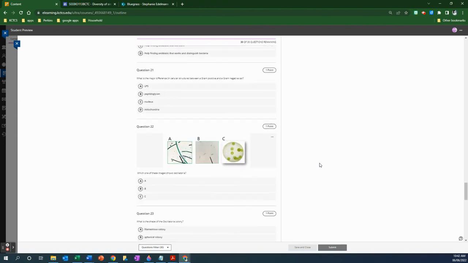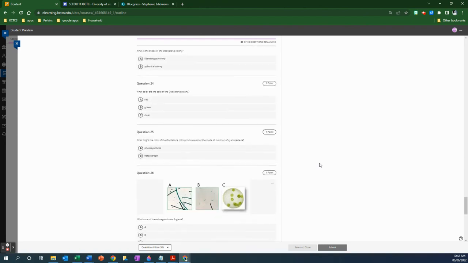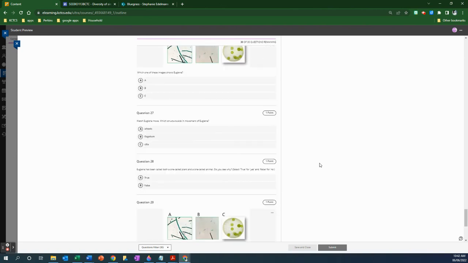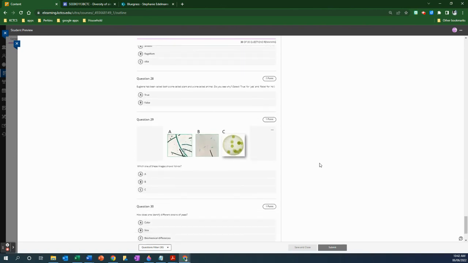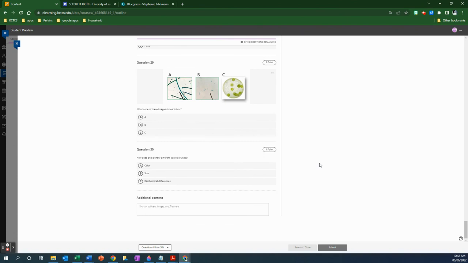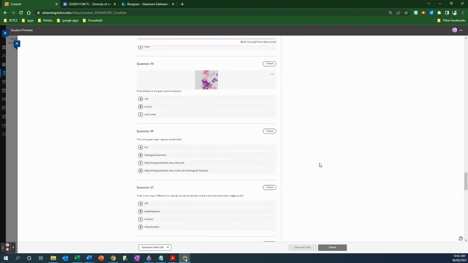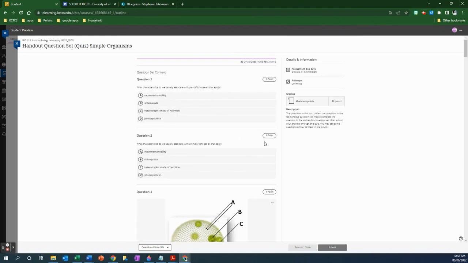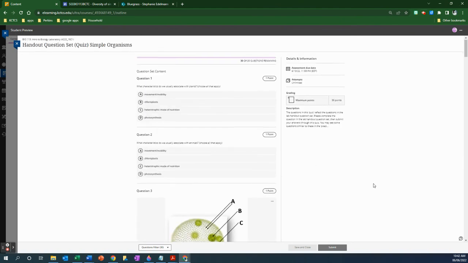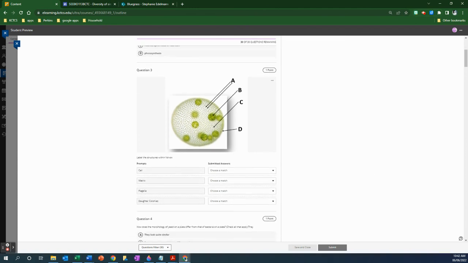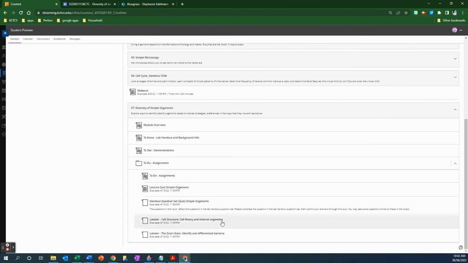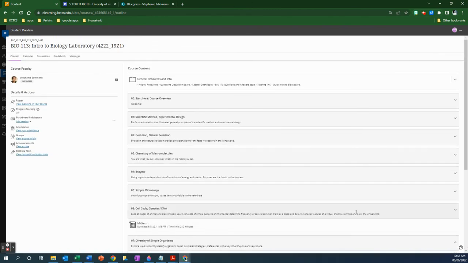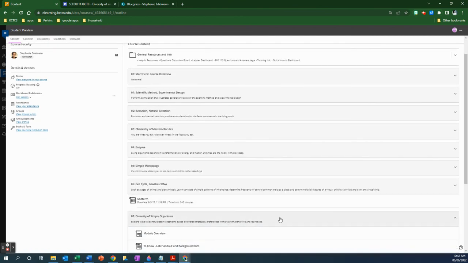I'm going to try to fix it, but if I can't, I'm hoping that you guys can deal with it. It's the same questions as the lab, as the question set, though they may not be entirely in the same order, so keep that in mind. And then we've got the Labster assignments, and you already know how to do those. And that's it for this unit.